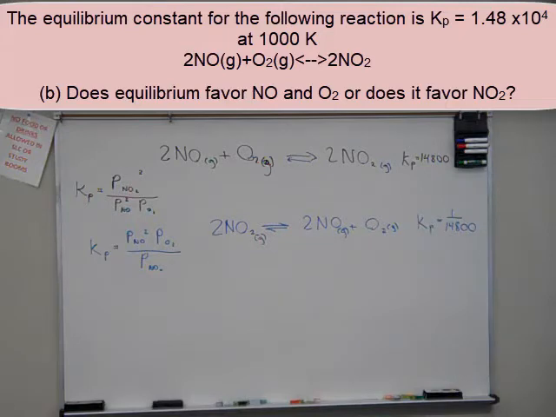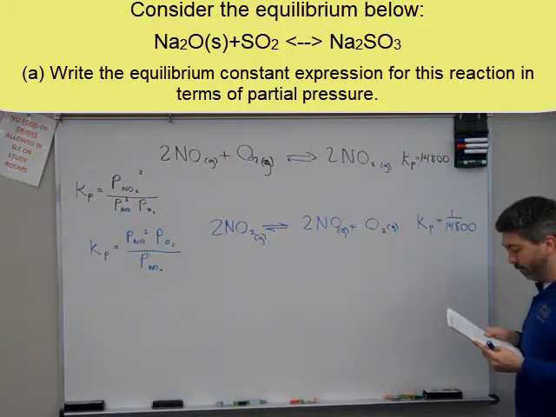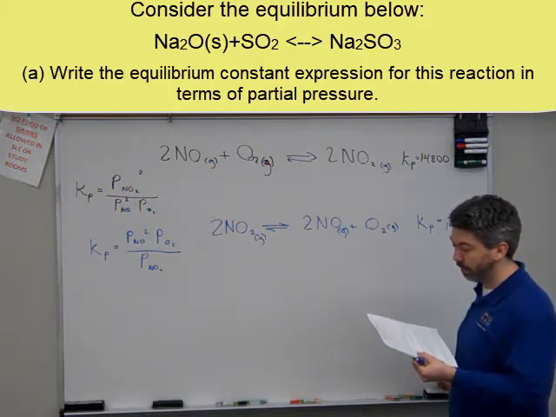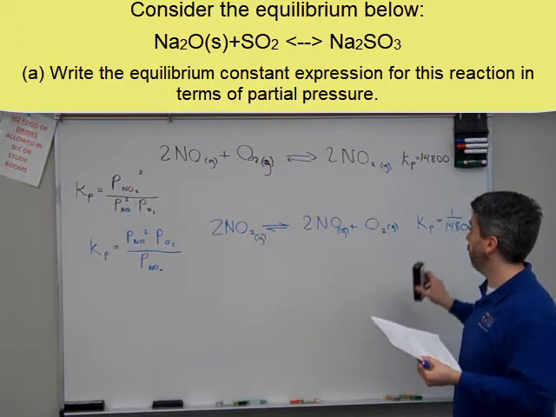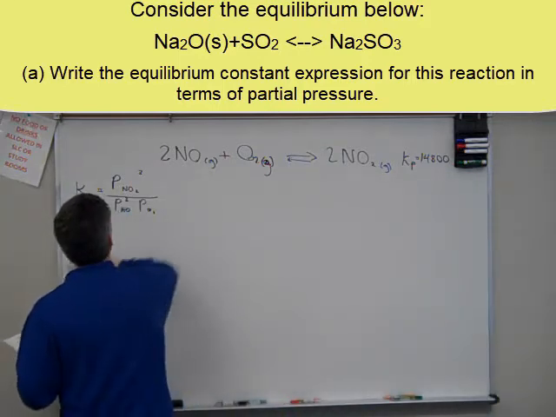Let's do number 2. It says, consider the equilibrium below: Na2O and SO2 in equilibrium with Na2SO3. Write the equilibrium constant expression for this reaction in terms of partial pressure. I'm going to go ahead and erase this. Bye-bye.